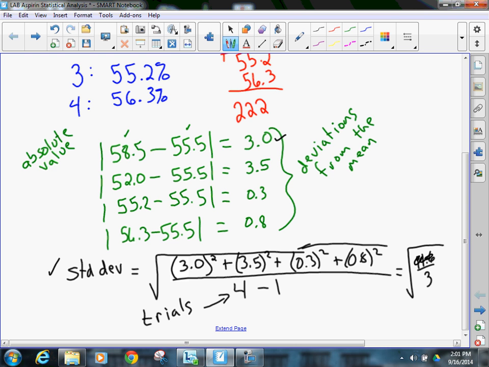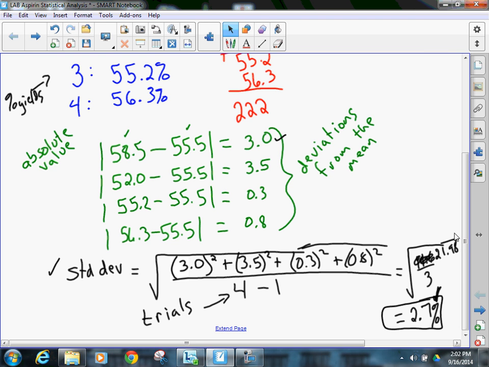I think this should be about 21.98 actually, divided by 3. And then we take the square root of that, and we should end up with about 2.7. All right, so our standard deviation is about 2.7, and if you remember what we're getting the deviation of here, this was an aspirin synthesis lab, so all of our data points up here were percent yields in this particular experiment. So this standard deviation over here, this is going to be a percent.